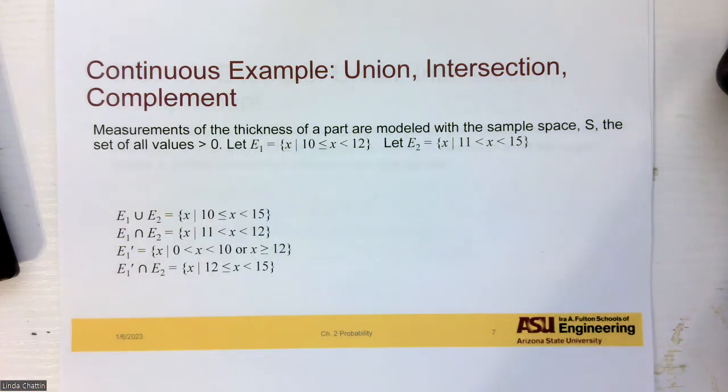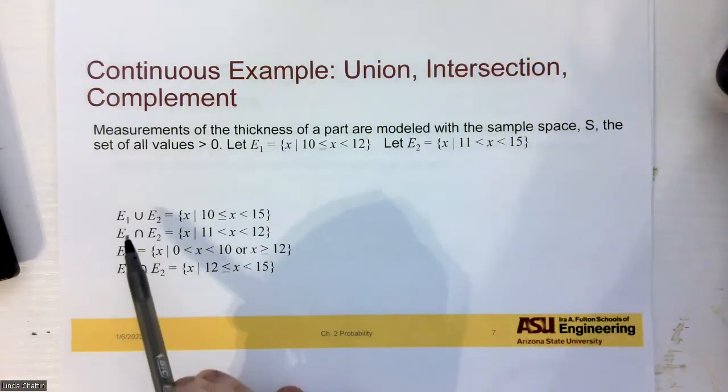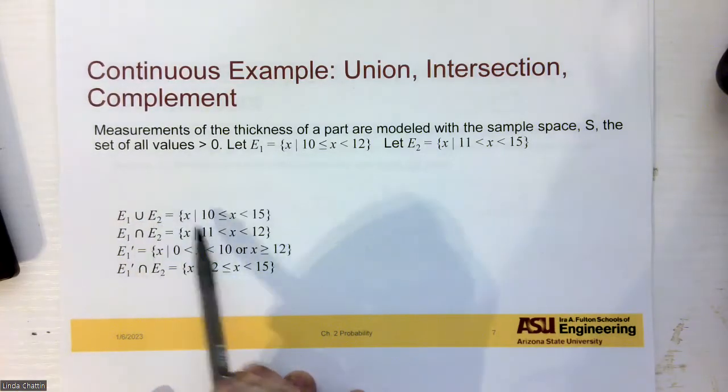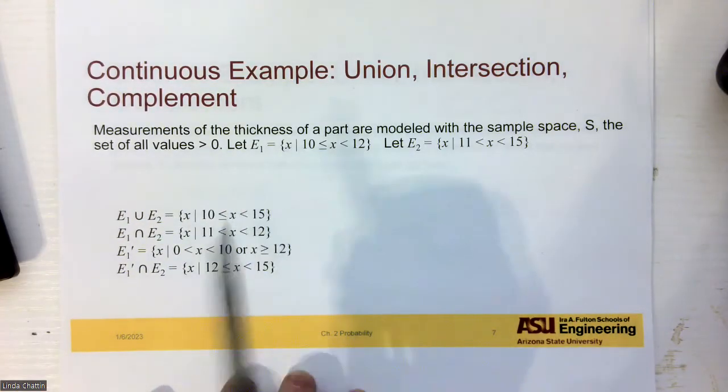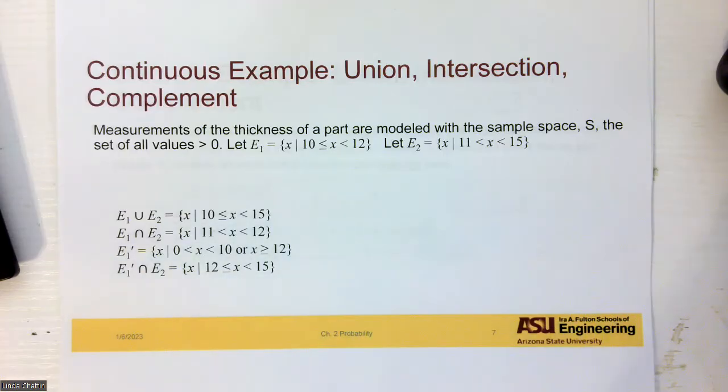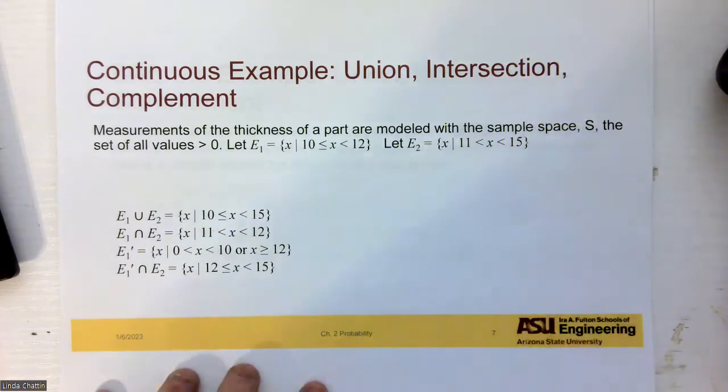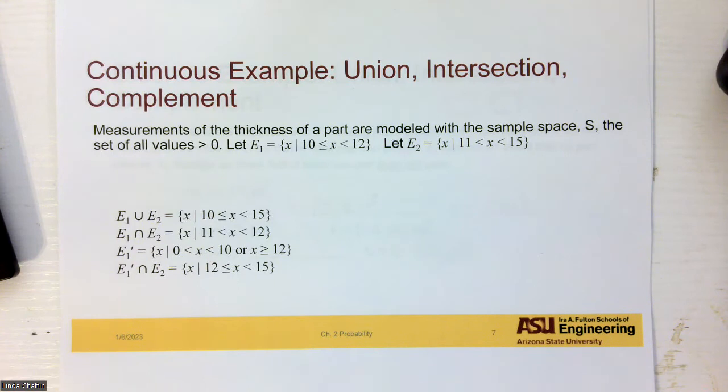And then we're going to have these two events that are on this number line, E1 and E2. So let's take a look here. Let's see why E1 union E2 is this description right here. So let me just kind of make a line, and then I think I'm going to use a couple of colored pens here. I think that might work.